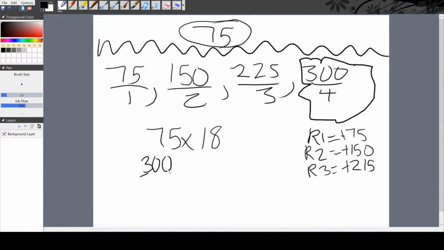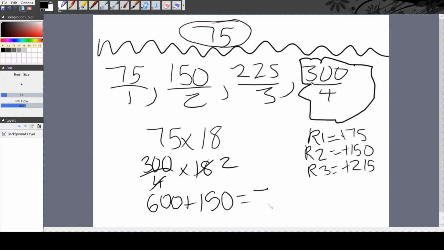So we write 75 as 300 over 4 times 18. And whenever we simplify that, we get 4 and a remainder of 2. So now we have to do 4 times 300, which is 1,200. And as I said, I'm going to write it out for this one because these remainders are a bit more complex. And we have to do 1,200 plus, since there's a remainder of 2, you have to add 150.